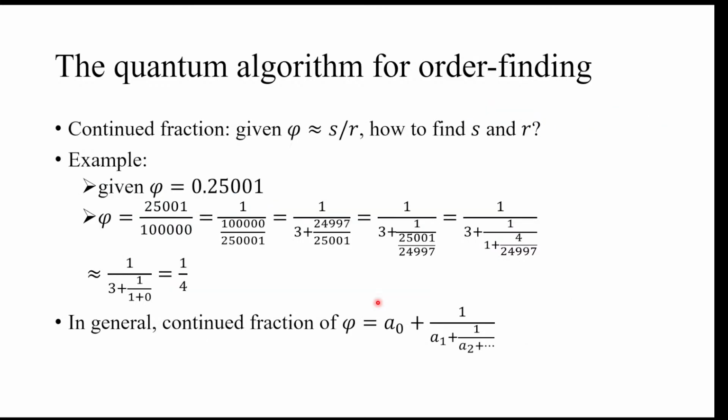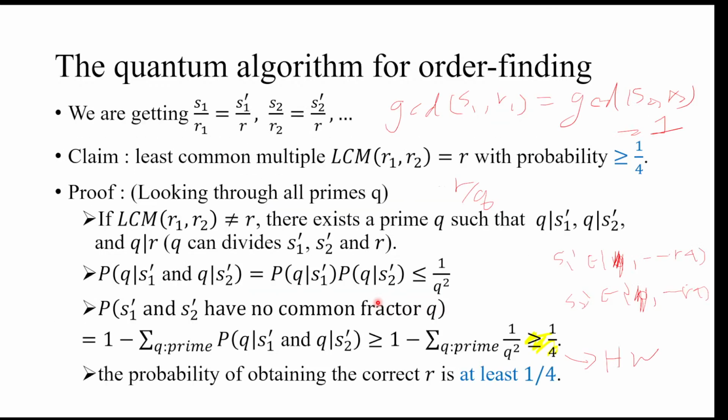Okay, and yeah, let's go through the number theory a little bit here. So here we have a whole bunch of notation. Before we get rid of the common factor, let's call it S1 prime over R, and S2 prime over R, etc. So the S1 prime and S2 prime are like the true S, and R is the true R. But then you get rid of the common factors, so we have S1 over R1, S2 over R2, etc. And so S1 over R1 and S2 over R2, they are coprime to each other.